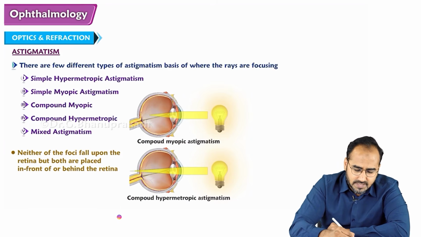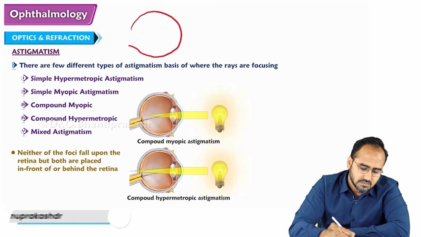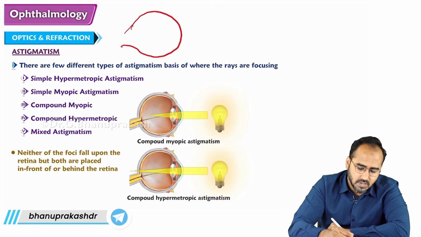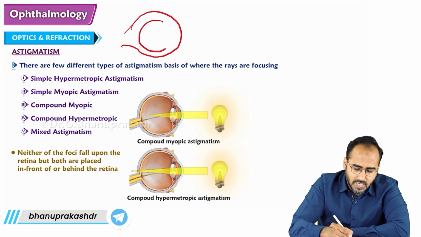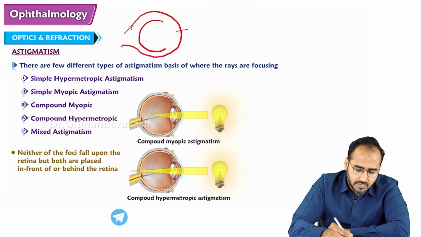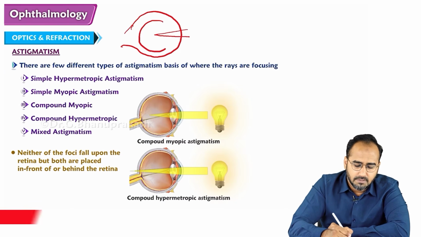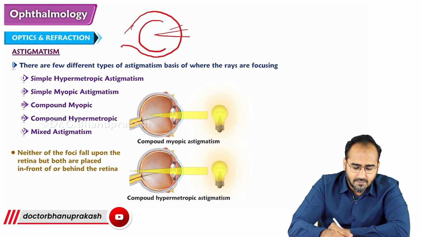Just look over here, guys. Again, this is the cornea. The second layer is the choroid and here is the retina. Imagine one light ray is focusing before the retina and one light ray is focusing on the retina.